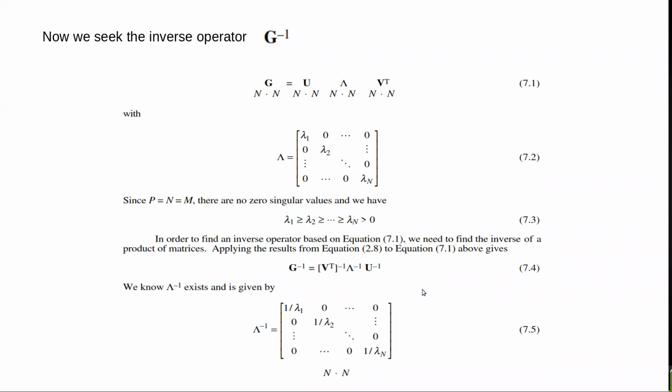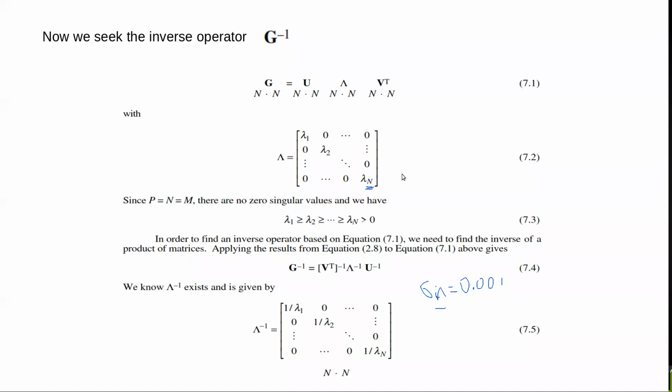But say the last singular value, the last one, is so small, say 0.001. This is the value of the last singular value.